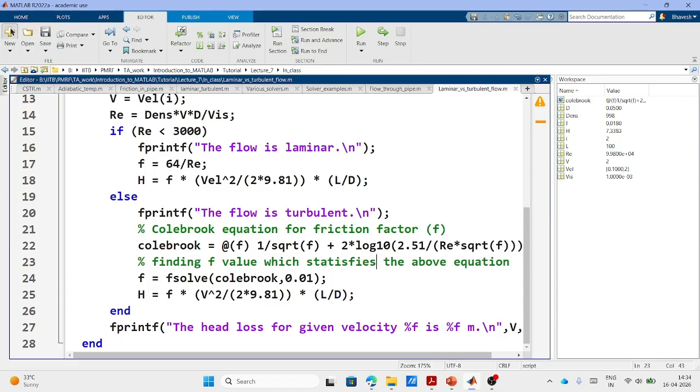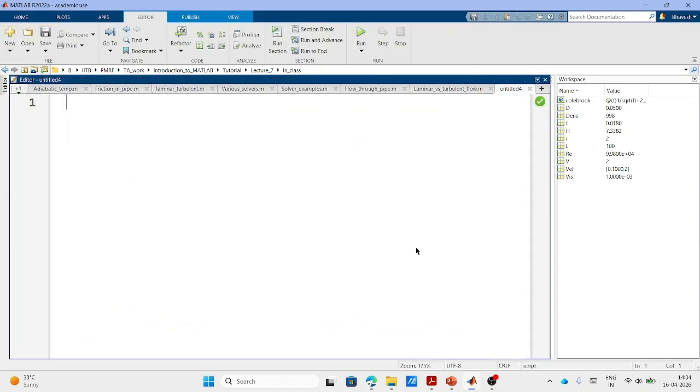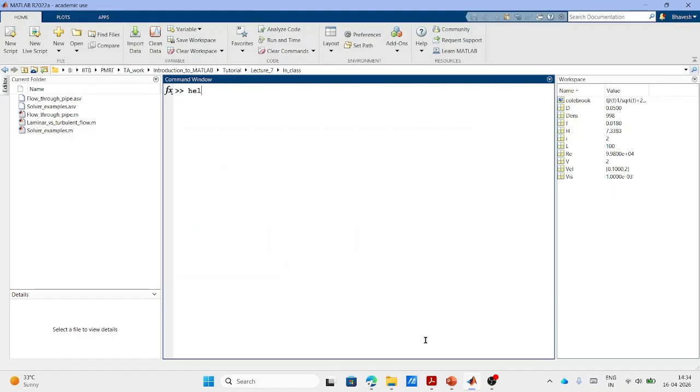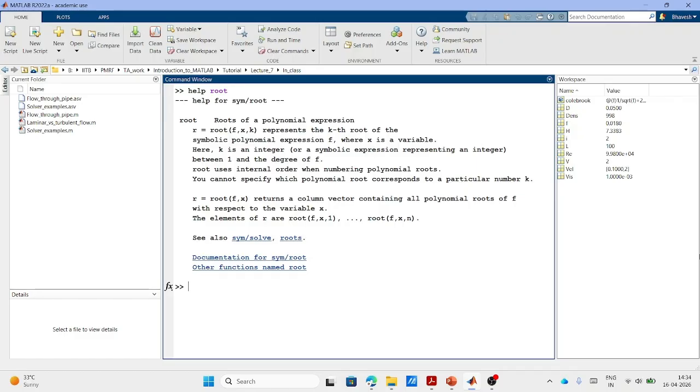So what kind of solver will we use? If you recall, in the last class, we also looked at the roots command. The roots command is specifically used to find the solution to polynomials.